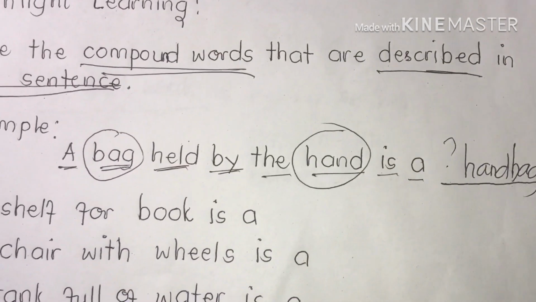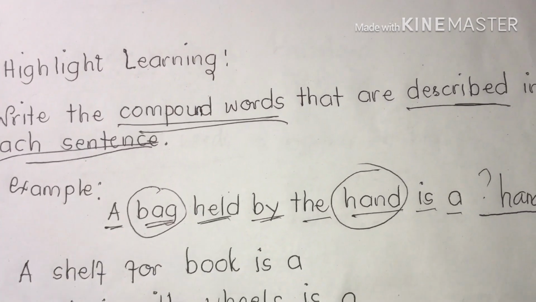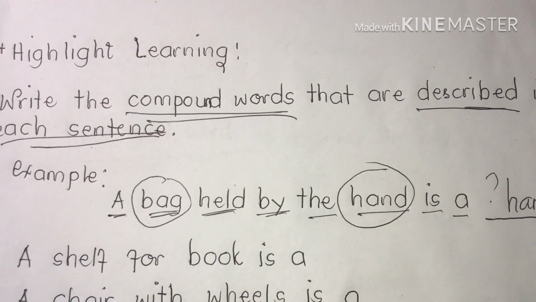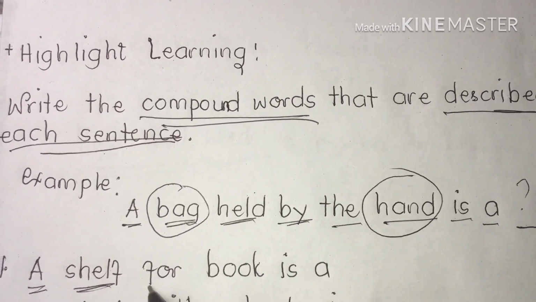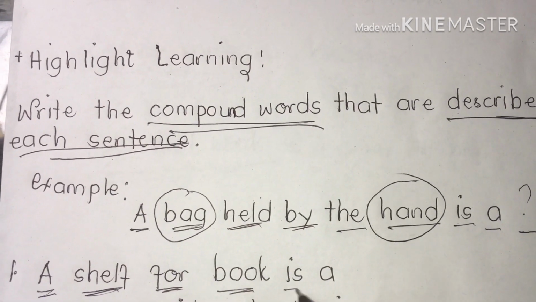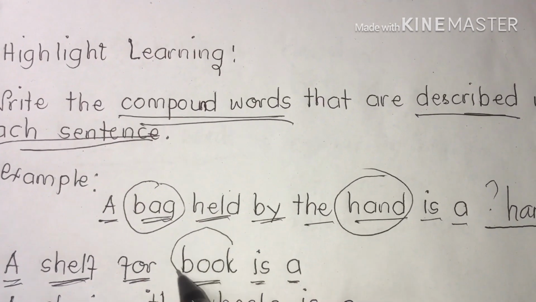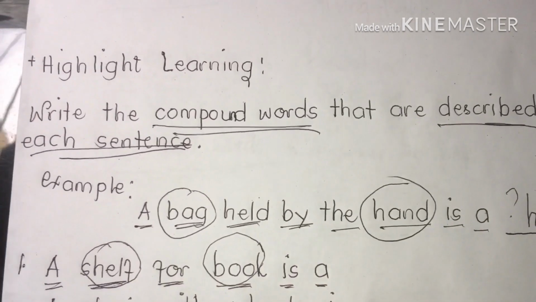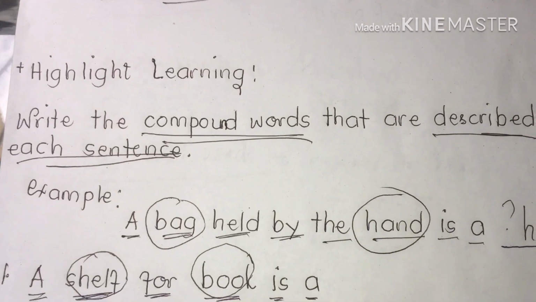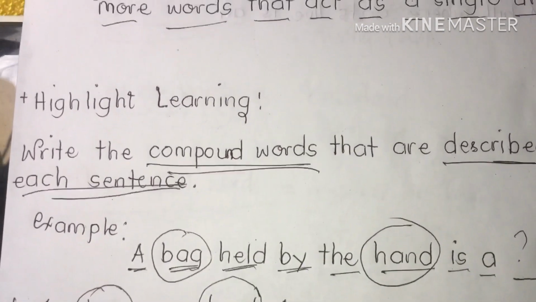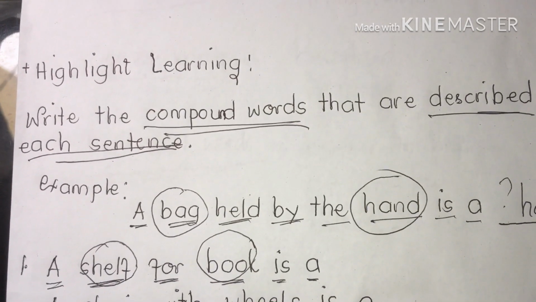Okay, that's our example. Next, we're going to proceed to our proper exercises. Number one, a shelf for books is a what? Remember now, we have two words here. We have book and we have shelf. Shelf is where we put our books or our things, different accessories.